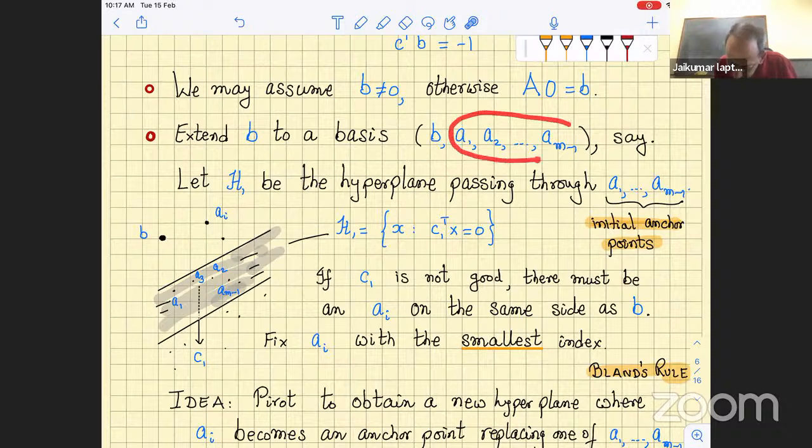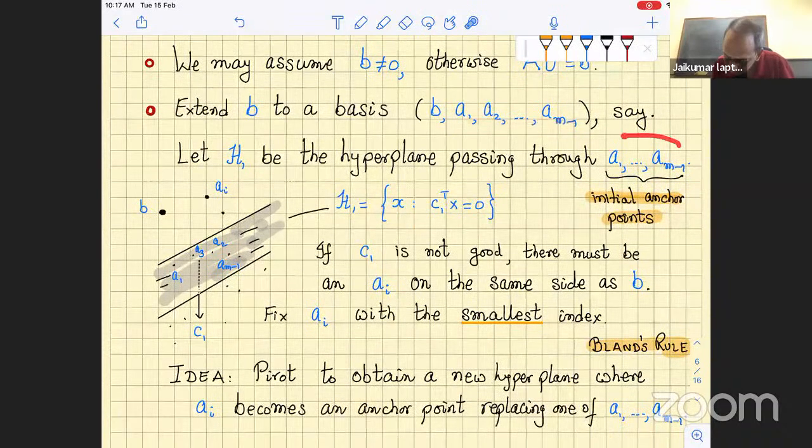Now take this part and consider the hyperplane generated by them. This is the hyperplane that passes through A1 to AM-1. At any time, what we are going to ensure is that the current hyperplane passes through some m-1 linearly independent vectors.